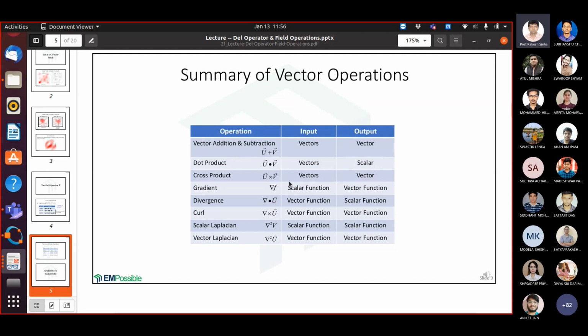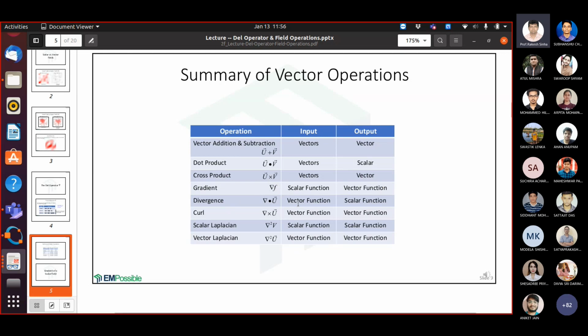If f is a function of time and I apply the del operator, what will happen? Zero, because there is no spatial variation.